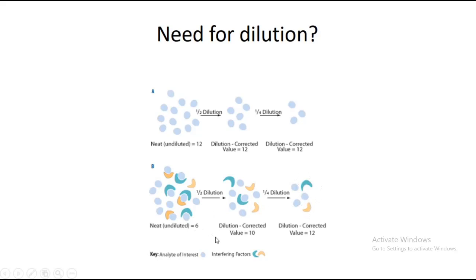So in this situation, the ELISA did have interference, but the company established that if we dilute it to this degree, okay, fourfold dilution, we're able to get a reliable result, okay? So 12 versus 12. So that's one way that companies can overcome interference.